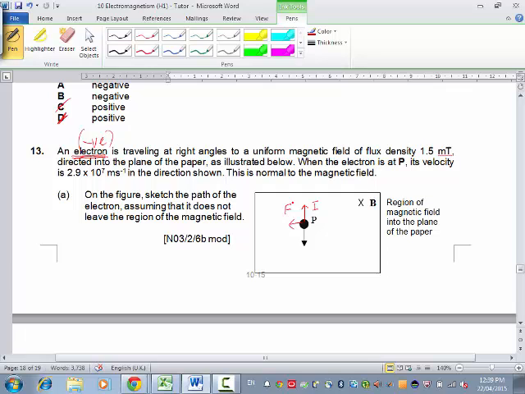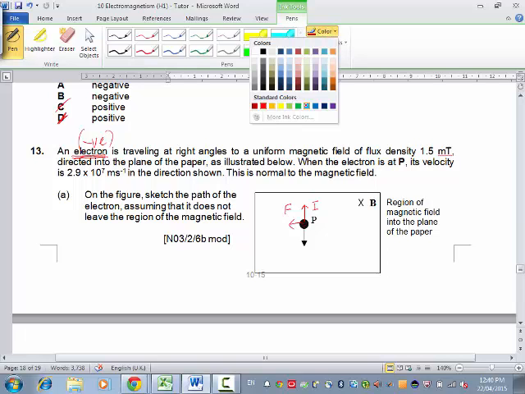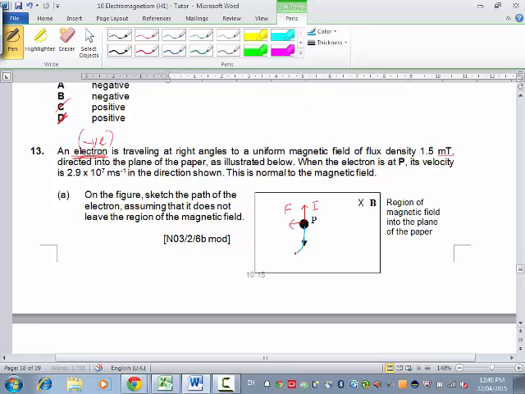Because if the electron goes down, the current goes up, so the force must be to the left. So the electron's path will be such that I will use a blue color. Anything curved downwards is fine.